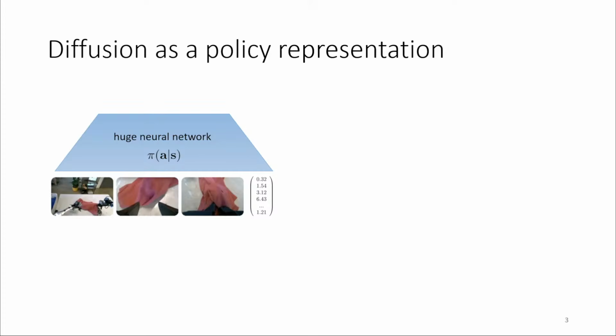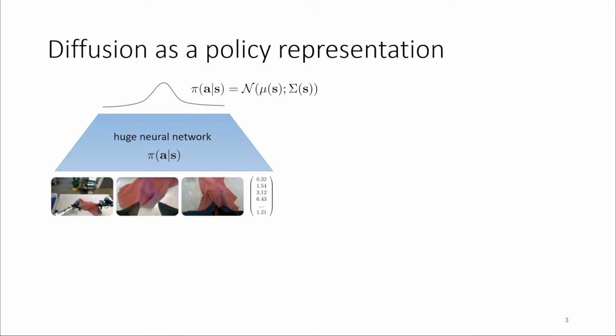And traditionally, when people started training these kinds of end-to-end continuous control systems, they chose some fairly simple distribution class, like a Gaussian distribution. So your big neural network would basically output the mean and the covariance of a Gaussian distribution. And that was considered a pretty reasonable idea because from a bit of reinforcement learning theory, we know that if you have a fully observed system, then there should exist a deterministic policy that is optimal.